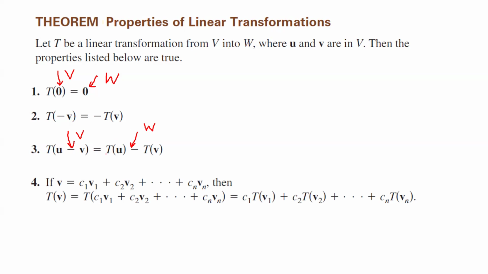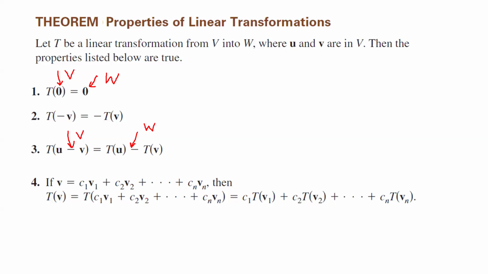And finally, one of the most important observations is that if you have a linear combination of vectors and you plug that into a linear transformation, it becomes the linear combination of these terms. So T of c1 v1 becomes c1 T of v1.